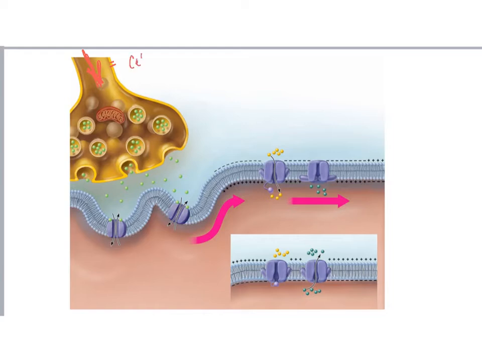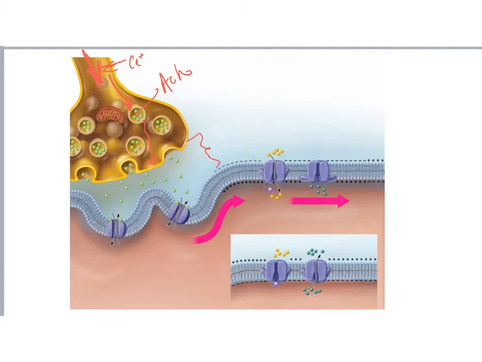So calcium is going to diffuse into the axon, and the calcium is going to trigger the movement of these synaptic vesicles carrying the ACh, right? This is ACh, our neurotransmitter. It's going to trigger those to move towards the membrane at the axonal terminal and release the ACh across the synapse, right?